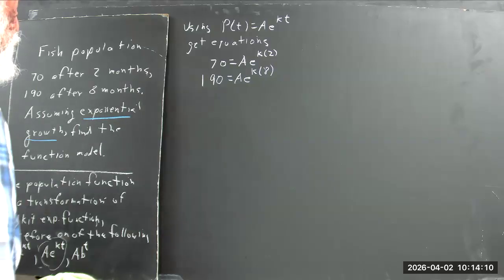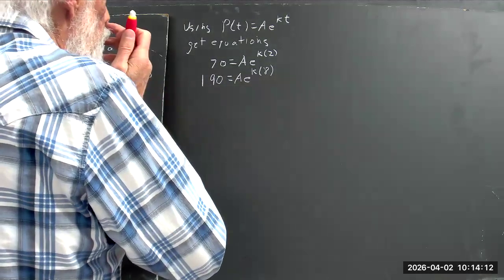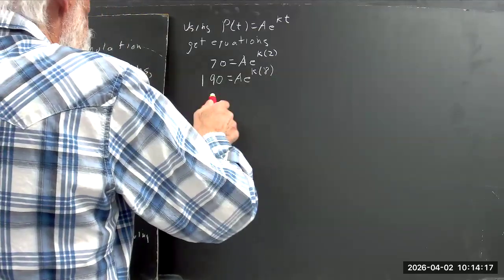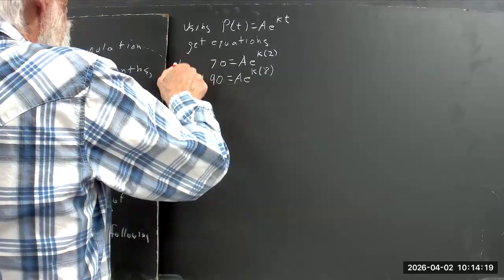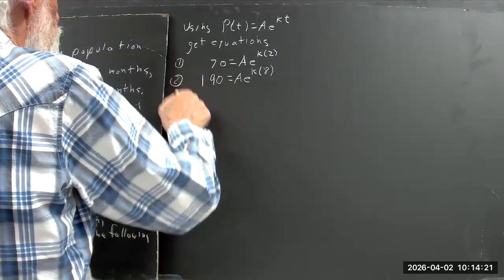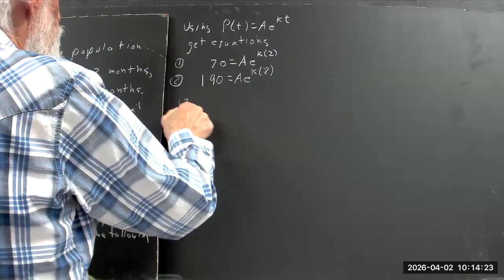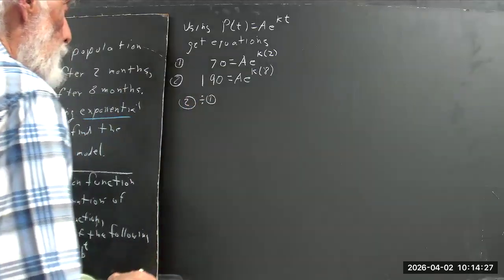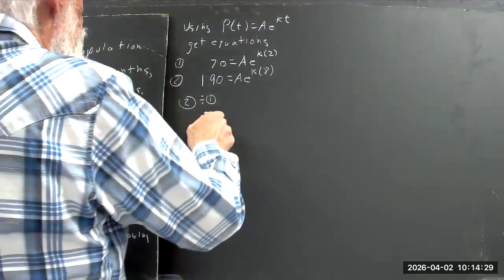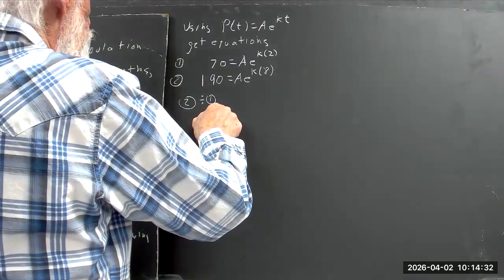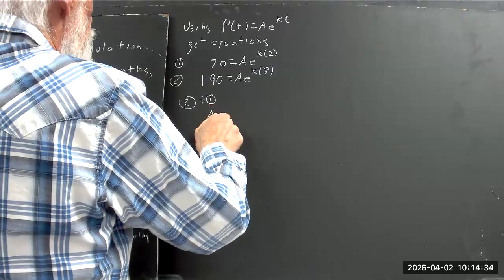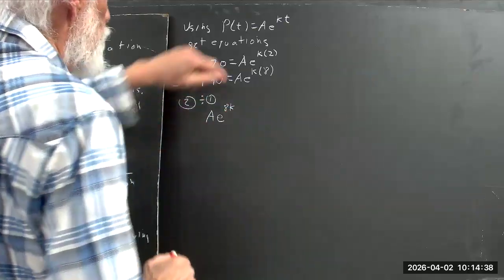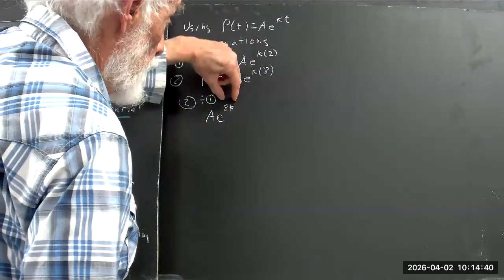Okay. To solve this system, we're going to use a method similar to what we did before. I'll call this equation 1. I'll call this equation 2. And I'm going to divide equation 2 by equation 1. And instead of writing k times 8, I'm going to write 8k.